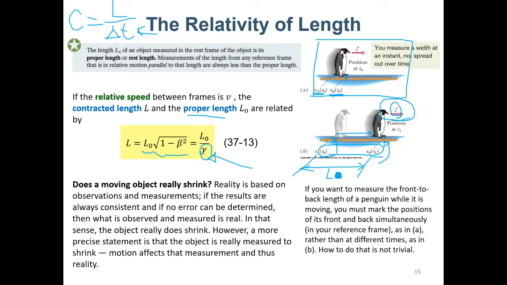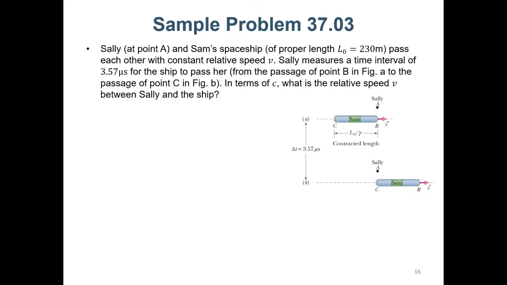If the ruler is, for example, stationary and the object is moved at speed v, then the length you measure should be L rather than the proper length. So here is another example.